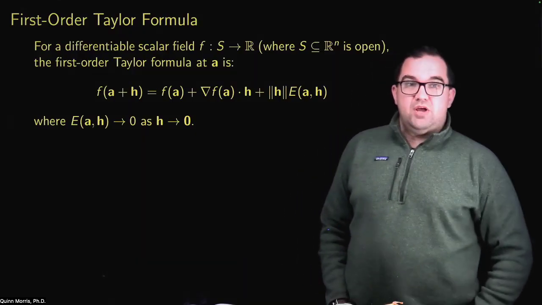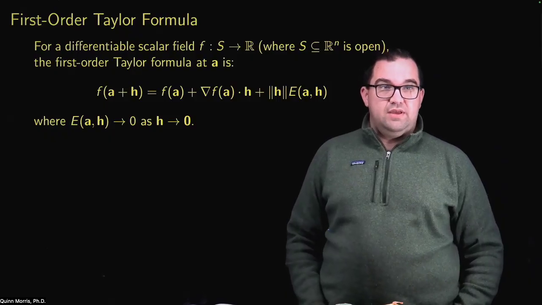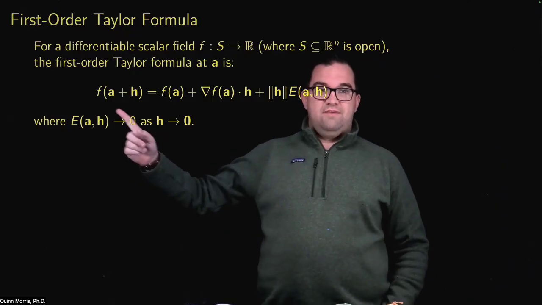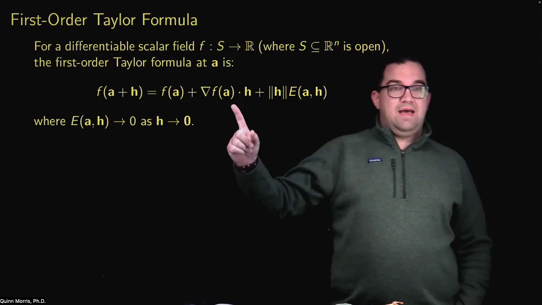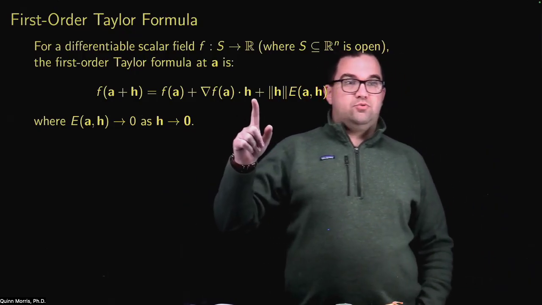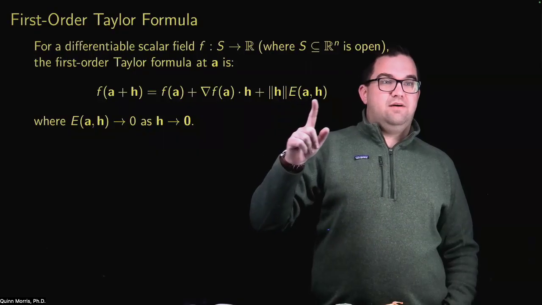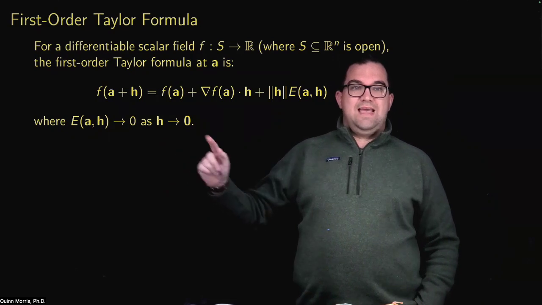So again, we've got a first order Taylor formula. For a differentiable scalar field, we could write a first order Taylor formula in this way. We have f of a plus h is equal to f of a plus the gradient of f at a inner product with h plus norm of h times e of a h, where this e of a h goes to 0 as h goes to 0.